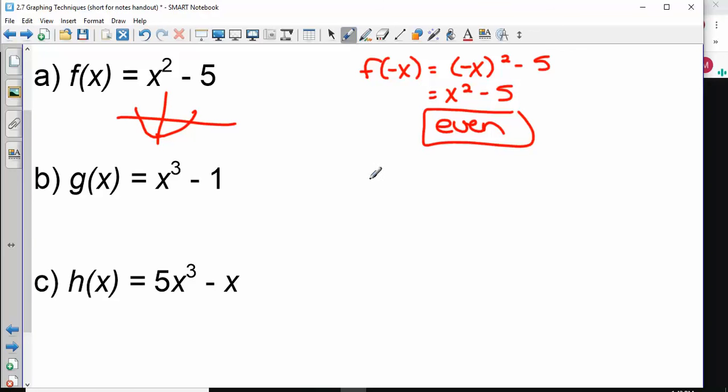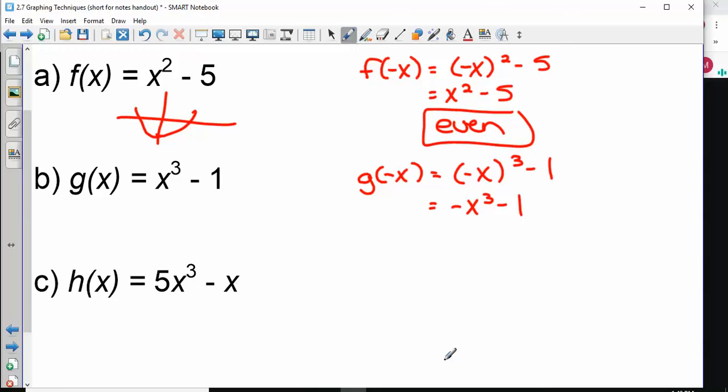B. So if we plug in our negative x, if you cube a negative, it is negative. Okay. The rule is, if it comes out to be the original, it's even. If it's the exact opposite, like multiplying the original by -1, it's odd.